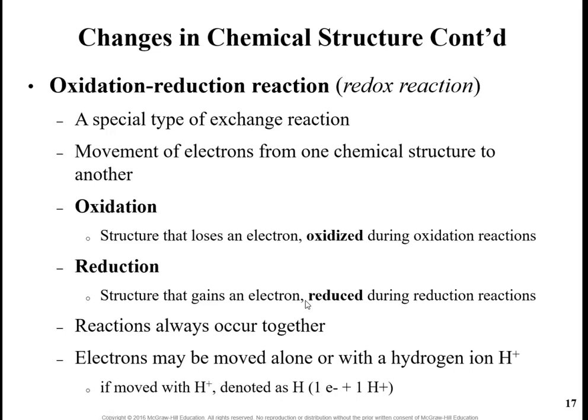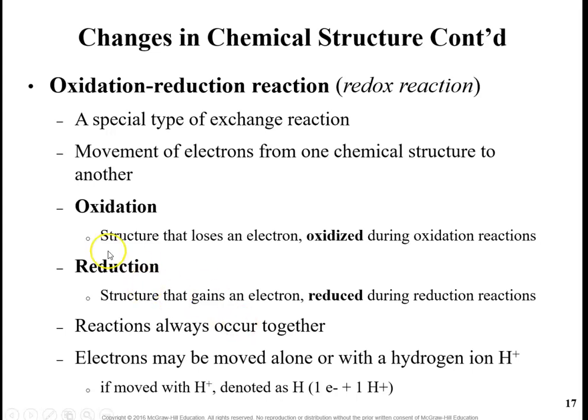Its overall charge would be reduced from neutral to -1. Likewise, if you had an ion with a +1 charge and it gained an electron, its overall charge would be reduced from +1 to neutral. So remember, the structure that gains an electron or electrons is the one being reduced.